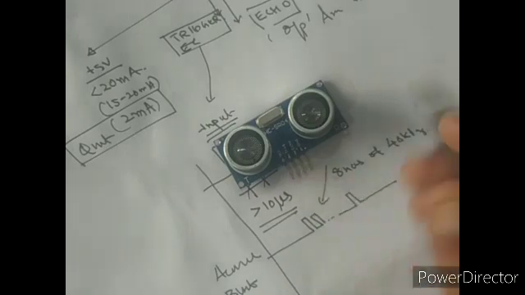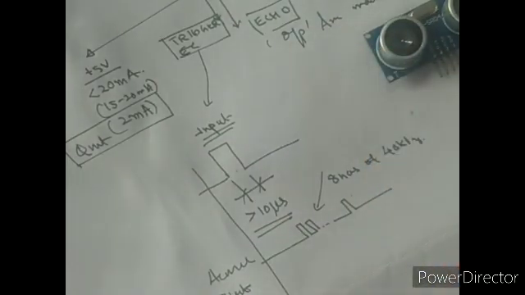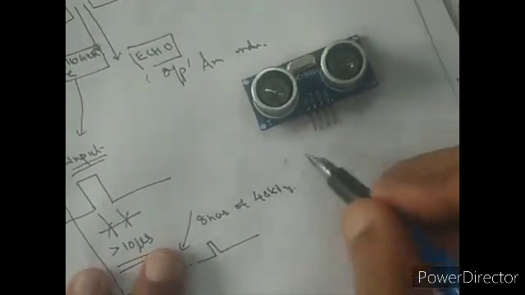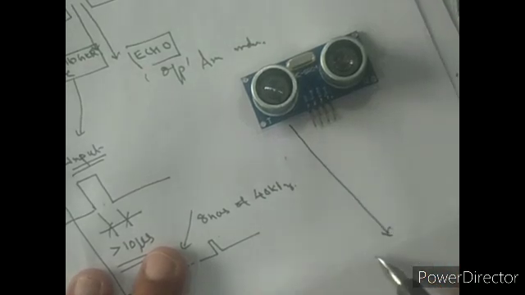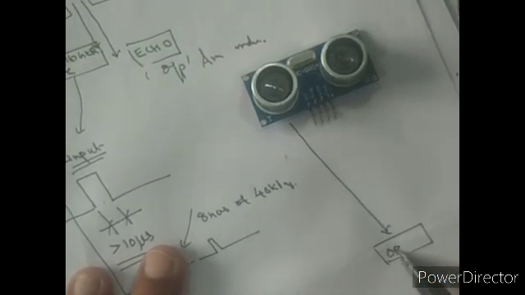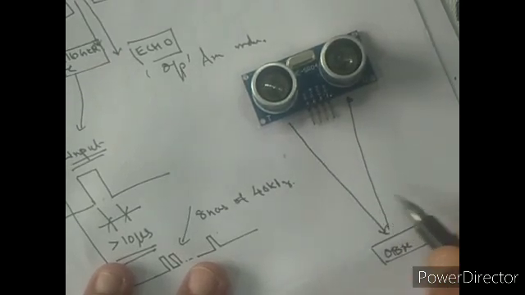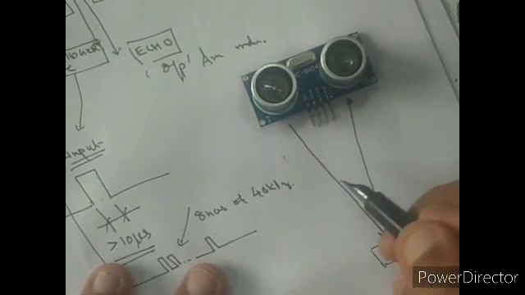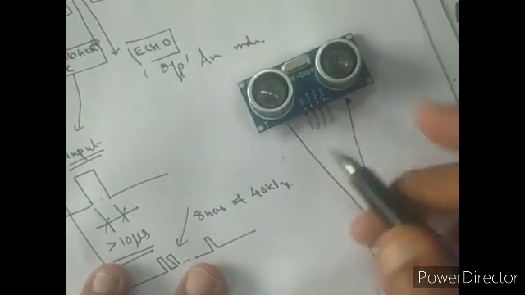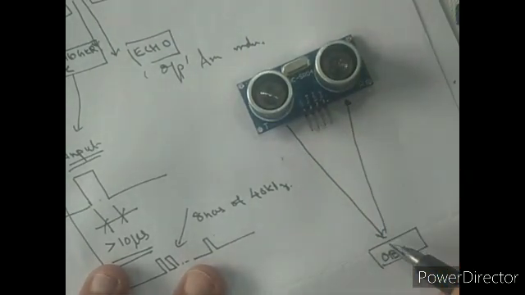So this unit will transmit some signal and it will get reflected by the object and it will come to the receiver. So the sound waves have traveled from the source to object and from object to source.